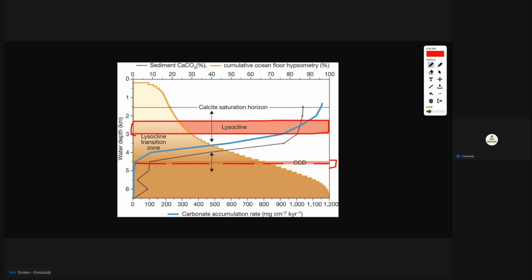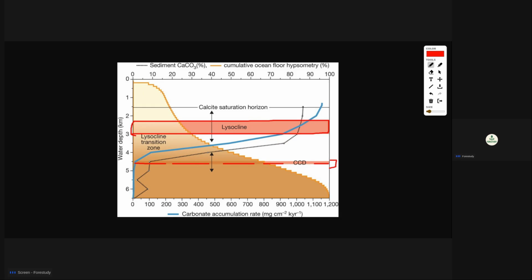From 3 kilometers to say 4.5 kilometers, according to this diagram, you will see a decline of calcium carbonate precipitation. There will be a sharp decline here, and after the CCD there will be no calcium carbonate precipitation.